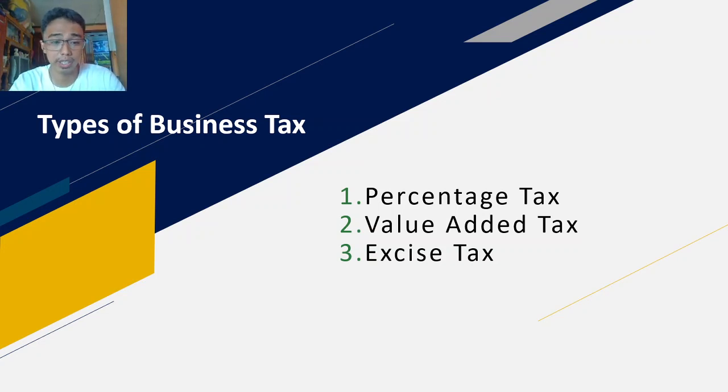Okay, so kapag below 550,000, he is not required pero he has the option to register as a VAT payer. So, in order for a business to be subject to percentage tax, it should be below 550,000 and should not also be VAT registered. Okay? Because if a business is above 550,000 or chooses to be VAT registered, then of course, he is subject to a value-added tax.